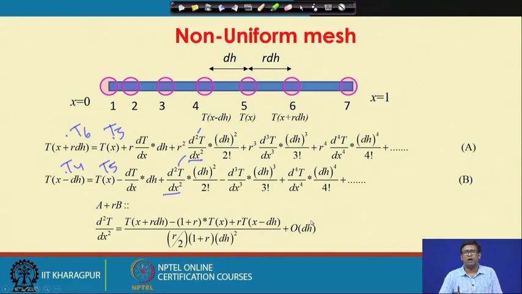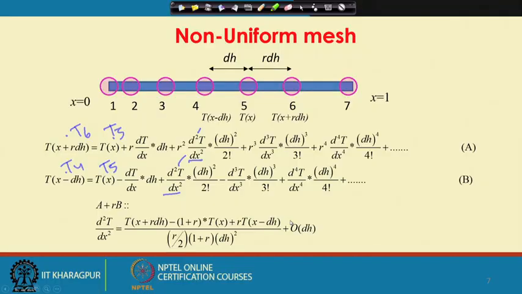So, there is one caveat here: if you use a uniform mesh with 3 points, we get a second order accurate result for d2T/dx square. For a non-uniform mesh using 3 points, we only get a first order accurate result.